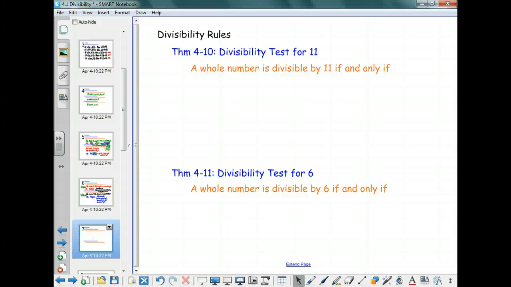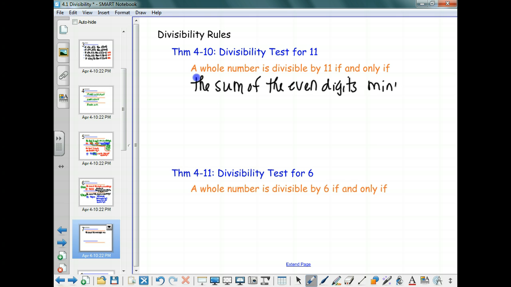This is divisibility by 11. Okay, so divisibility by 11. A whole number is divisible by 11 if and only if the sum of the even digits, I'm going to write it a little differently than your book, minus the sum of the odd digits.